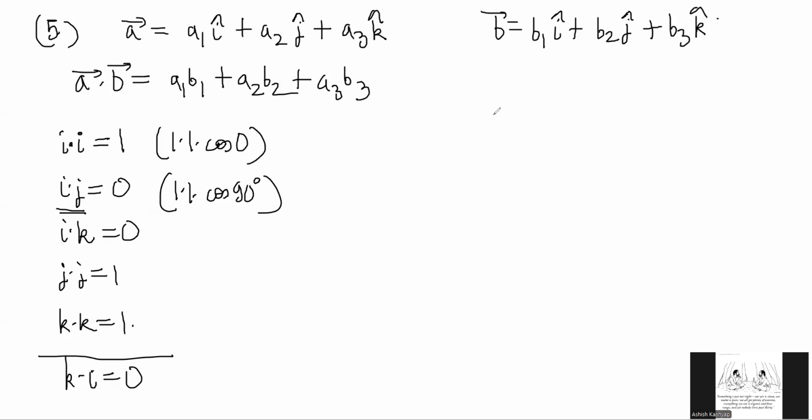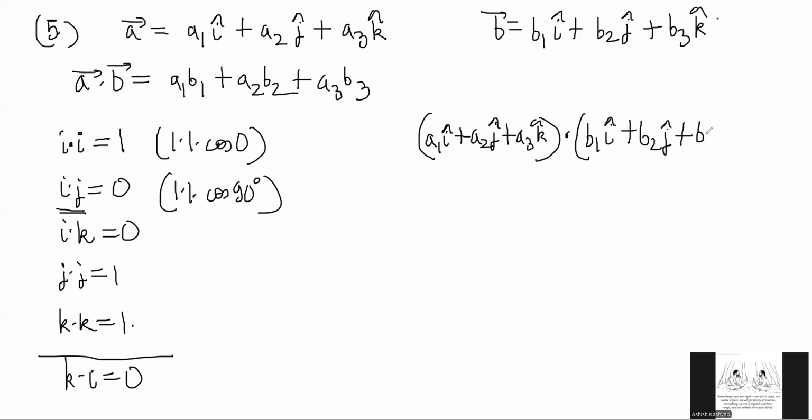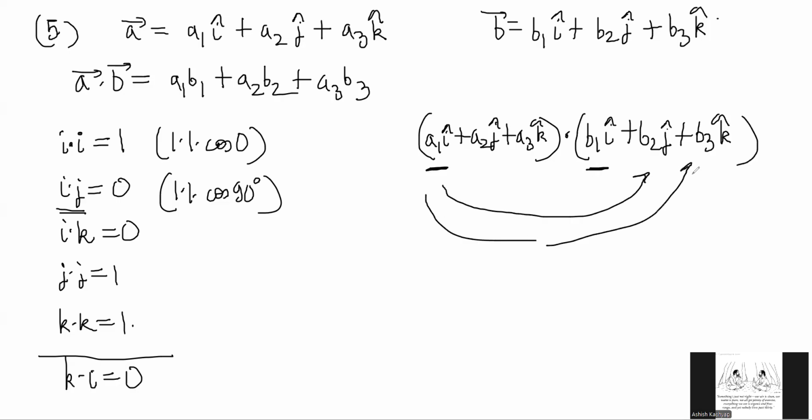So when you do the multiplication, you are simply multiplying each term with all the other terms. When I'm doing dot product like this, by the normal rules of algebra, we will try to multiply every term with every other term. So A1i, I will do dot product with this, then with this, then with this one, right? When you do dot product of A1i and B1i, you get A1 B1.